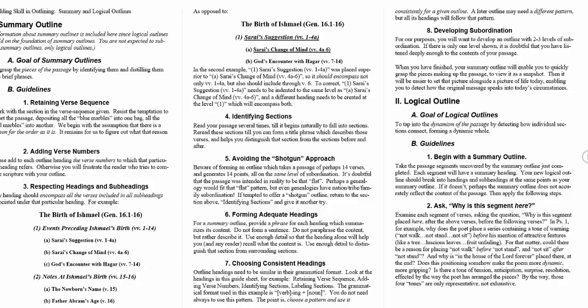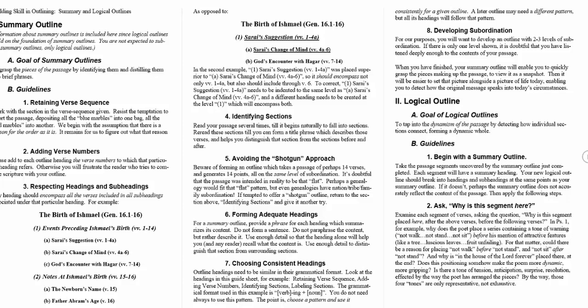When we shift over to logical outlines, we'll want a measure of consistency, but we will be allowing more latitude in order to represent the dynamism of the passage at any given heading area.